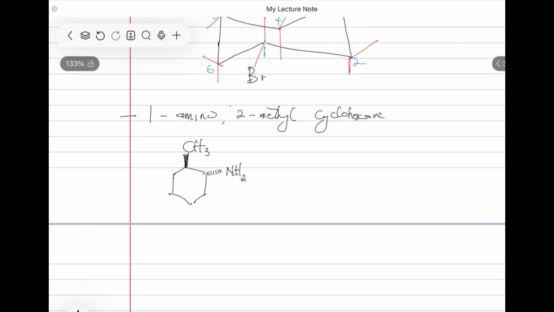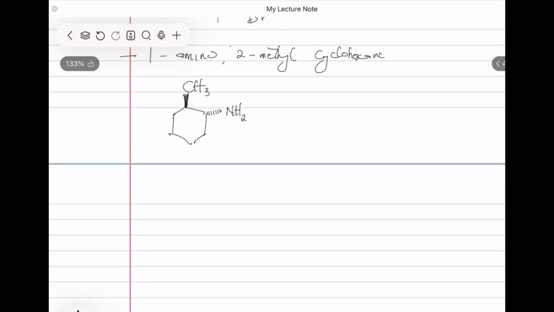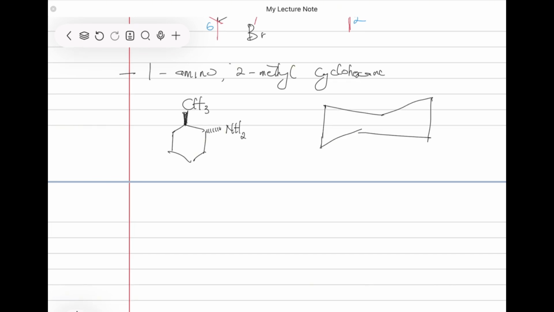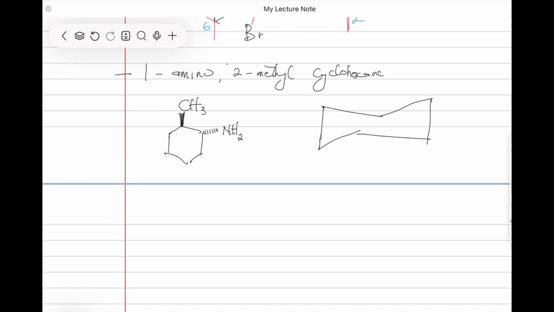I will first of all draw my chair diagram. Then the next step is to draw all the bonds in the chair diagram: down, up, down, up, up, down, up, down, up, down, down, and up.